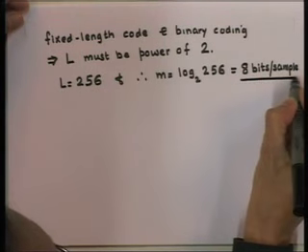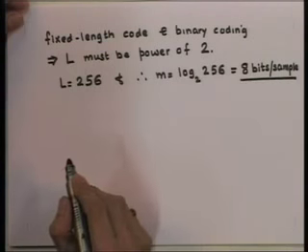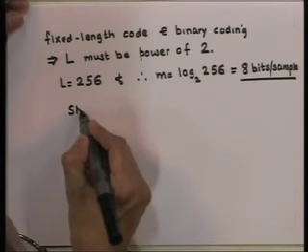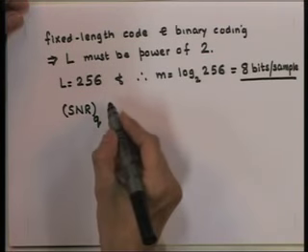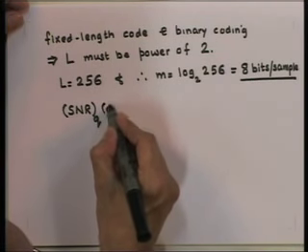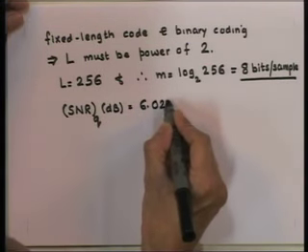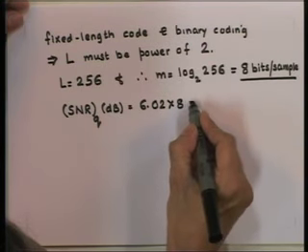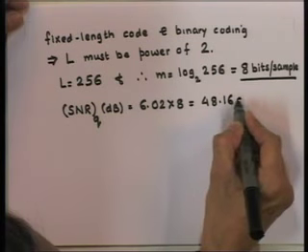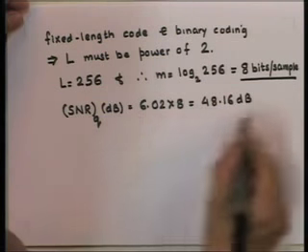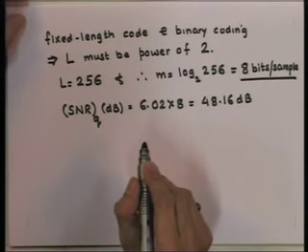So, this is the desired solution, and the signal to quantization noise ratio in dB is equal to 6.02 multiplied by 8, which is 48.16 dB, assuming that the input PDF is uniform.